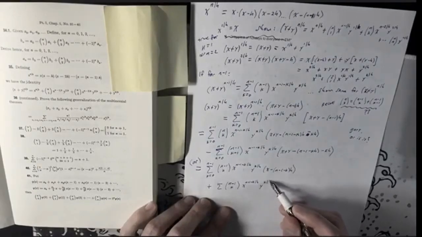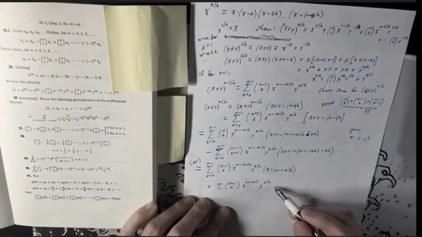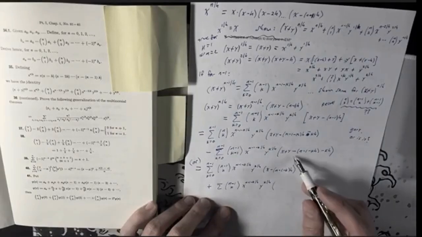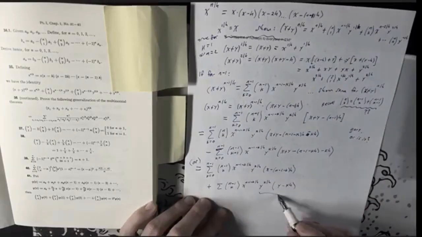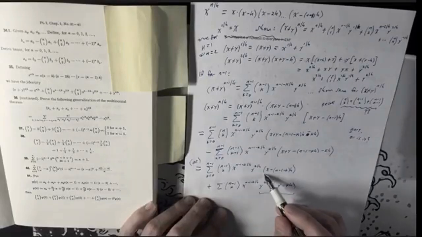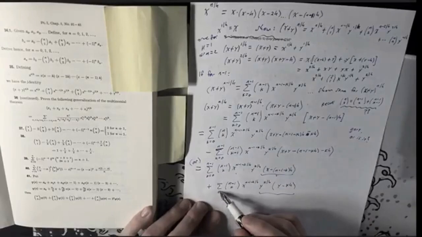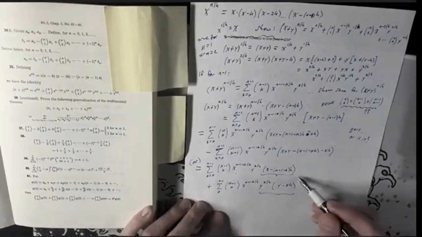I'll add it. I don't really know if this is right. But yeah, we're multiplying also by y minus kh. Anyway, the reason I did that is that we know this groups, and we know that this guy groups with that. So there's a cleaner way to write this stuff.